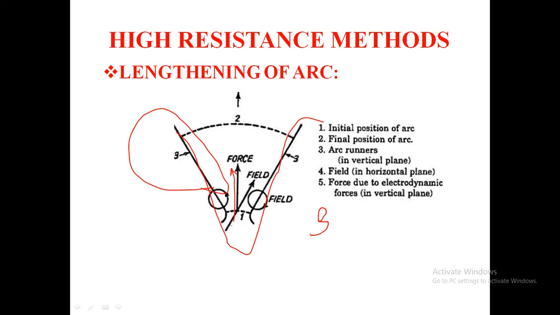So the thing to be noted is the arc runner: by increasing the arc length using the arc runner, which is connected to the arcing contact in V shape. When it is initiated at the bottom and blows upward, from downward to upward a force will be exerted, and due to this my arc length will be increased.